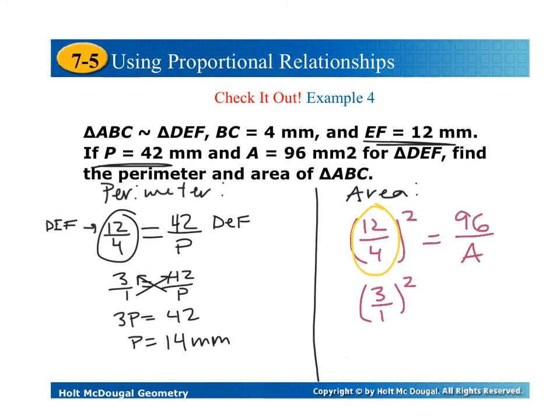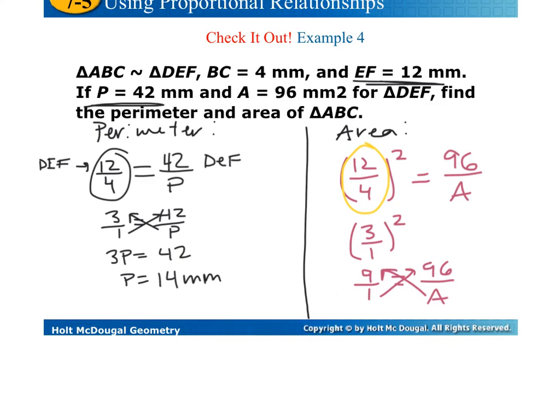So we do 3 squared and 1 squared. So we get 9 over 1 is equal to 96 over A. And how do we solve for A? Cross multiply. So we get 9A is equal to 96. What did you guys get for A?